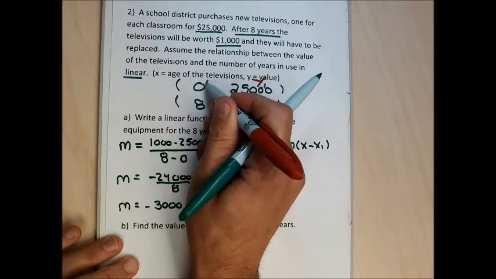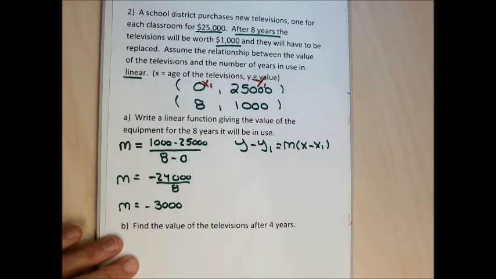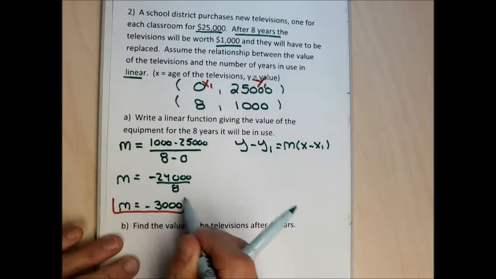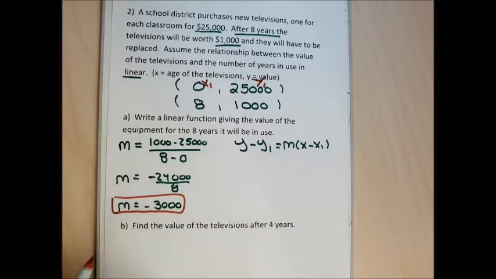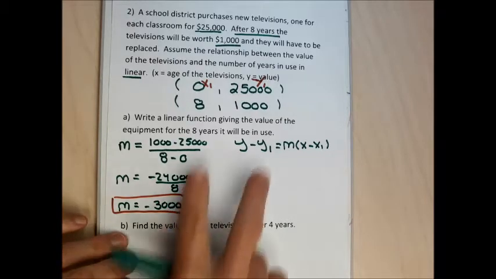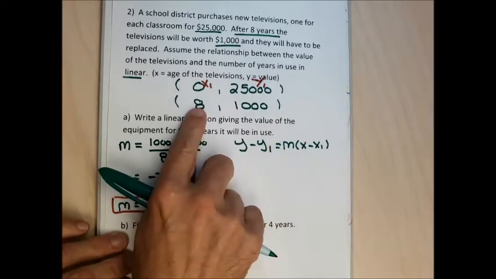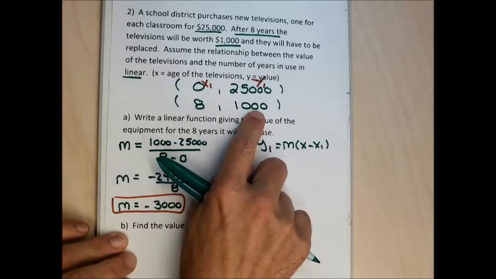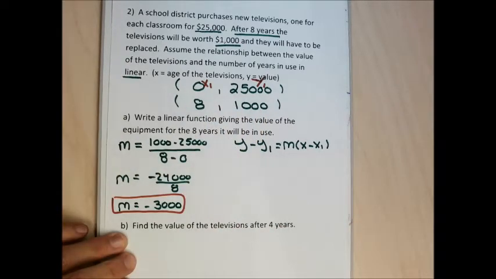In for x1, I'm going to plug 0. And in for m, I'm going to plug negative 3,000. I'm going to plug those 3 values into the equation, and I'll get my line that I'm looking for. I could have chosen 8 for x1 and 1,000 for y1, and I'd get exactly the same answer, just the work would be a little bit harder.